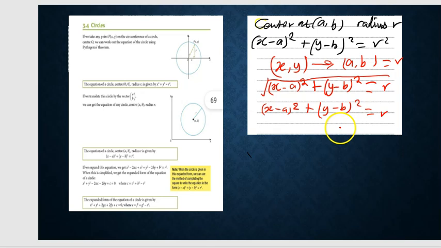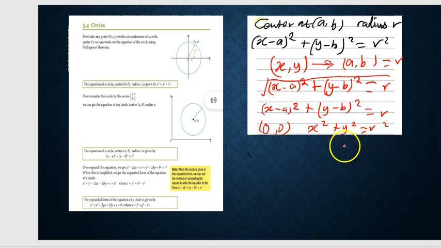So we have some special cases in which the center is at the origin. If the center is at the origin, (0, 0), the equation becomes x squared plus y squared equal to r squared.